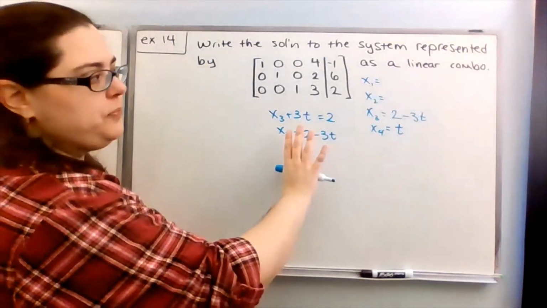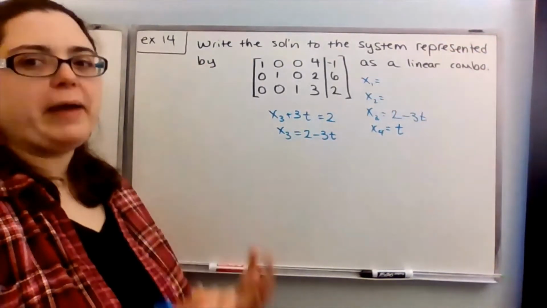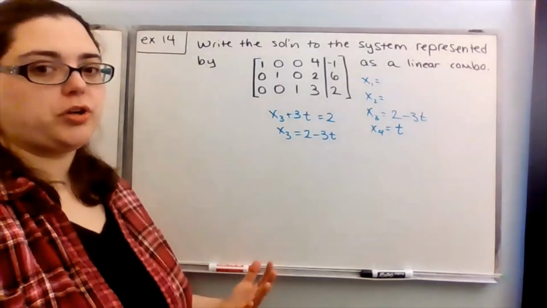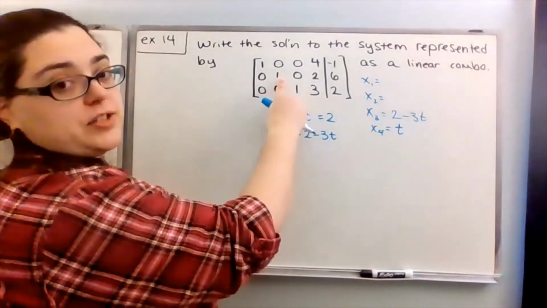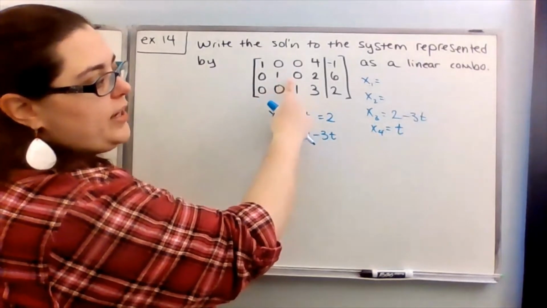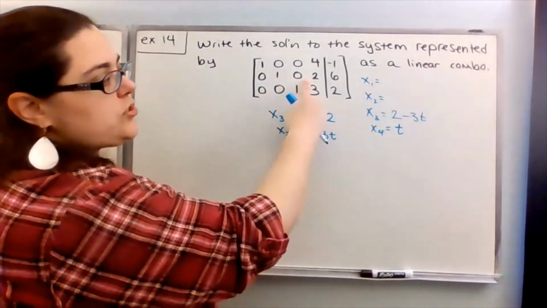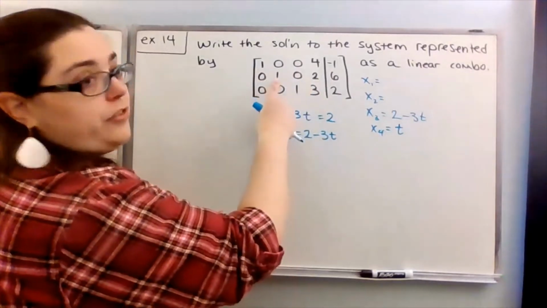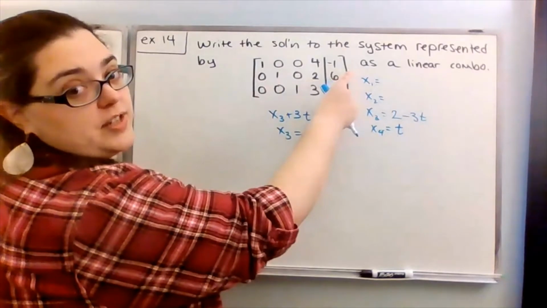And there we go. This would be a two-step process where I substitute in and then solve for the variable. As you become more comfortable with these, you start to notice the patterns and take some shortcuts. For example, I know that this is going to be x2. I have no x3, and I have 2x4 or 2t. So in order to solve for this variable, I'm going to have to subtract this one to bring it to the other side.